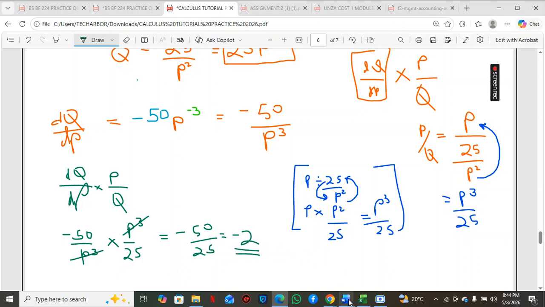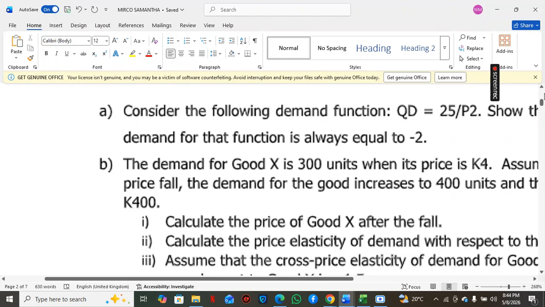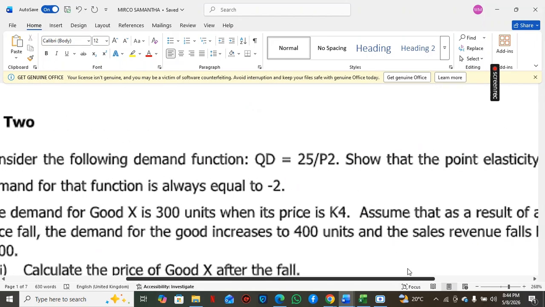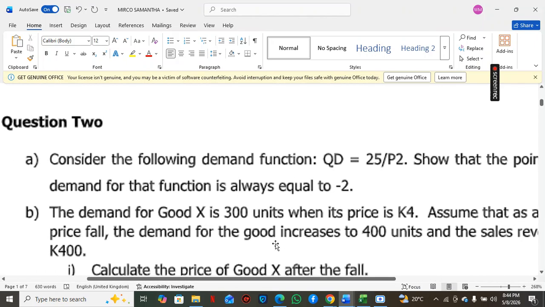Because in the question, it says that you have to show that the point elasticity of demand for the function is always equal to negative 2. Okay. Yes. Any questions before we move further?